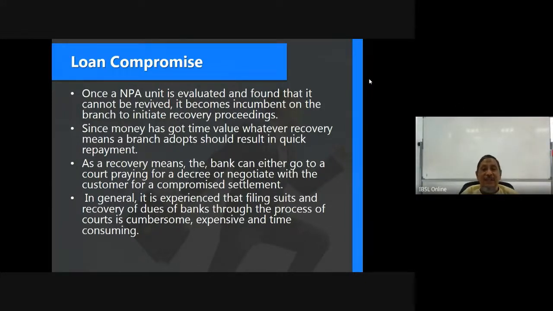In general, it is experienced that filing suits and recovery of dues of banks through the process of courts is cumbersome, expensive, and time-consuming. Therefore, without going to courts, if you can recover a lesser amount, then you apply that principle.